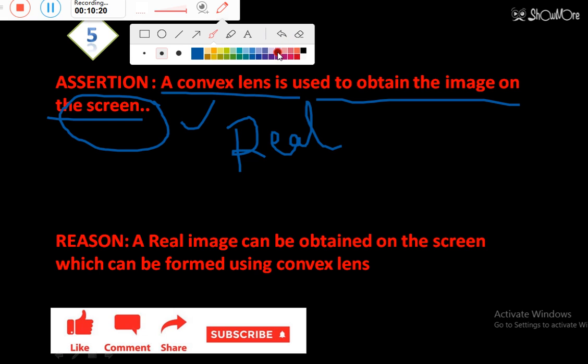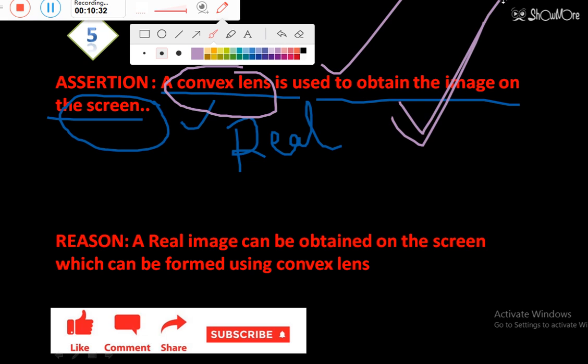So can a convex lens give us a real image? Yes, obviously a convex lens can give us a real image. So this assertion is true. A convex lens is used to obtain the image on screen.